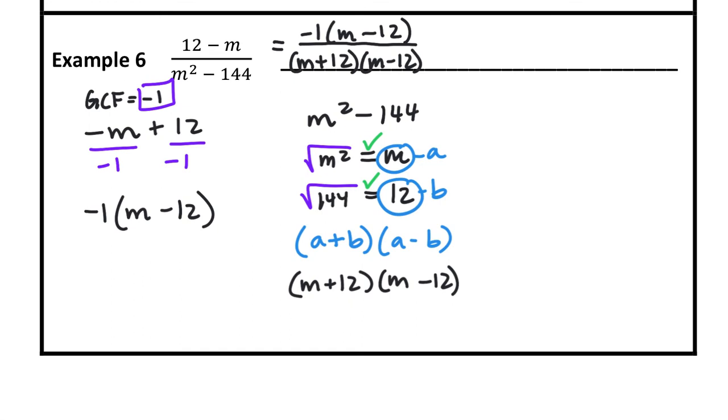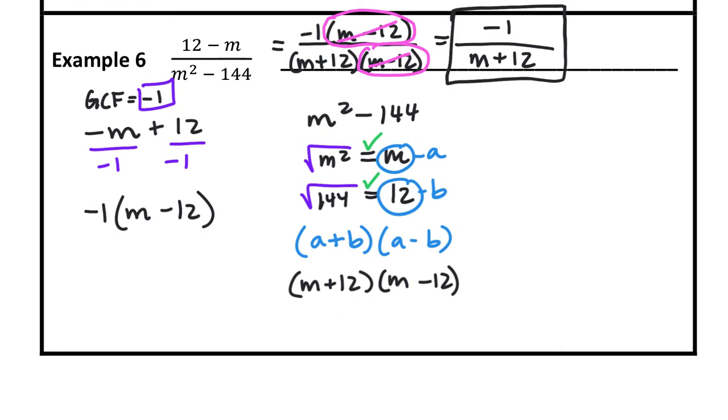And then we should see that I have m minus 12 on the top and m minus 12 on the bottom. So these are going to cancel. So it's going to equal -1 on top divided by m plus 12 on the bottom. But what have we been doing with the bottom?